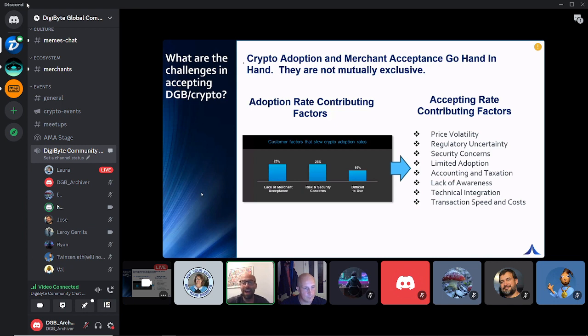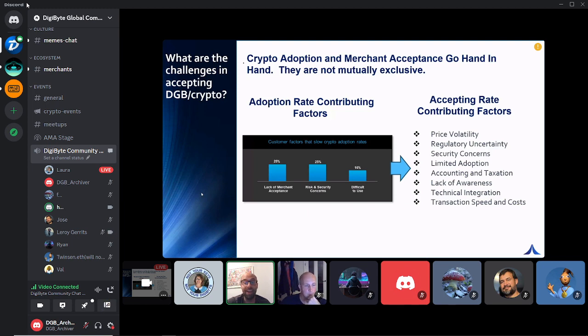But I think where we are right now, and even in other digital forms of payment, is that cash is king. Even for the big companies to the small companies, they've got to manage their balance sheet. And I think where crypto acceptance comes in, if you are accepting crypto and you are in a region or a market where it's more accepted, is how the merchants are managing their cash and their liquidity when it comes to crypto.